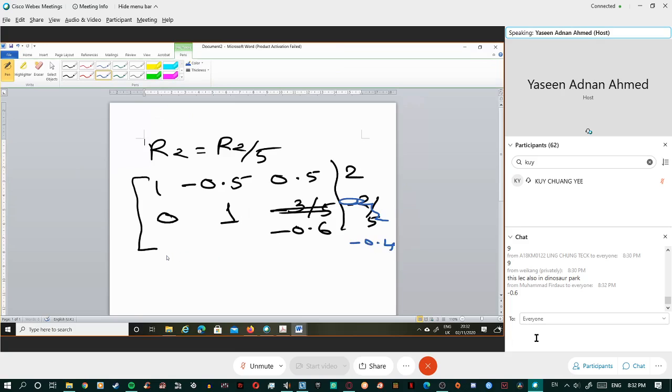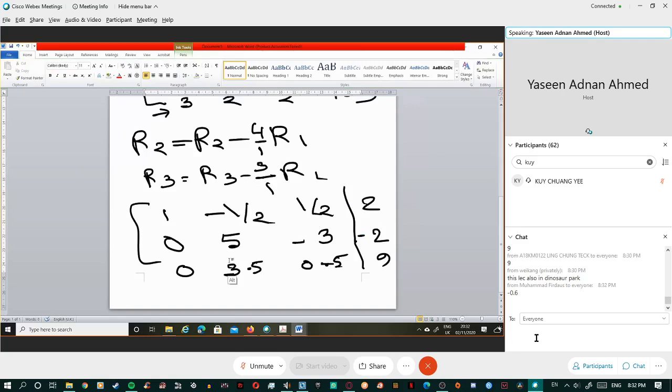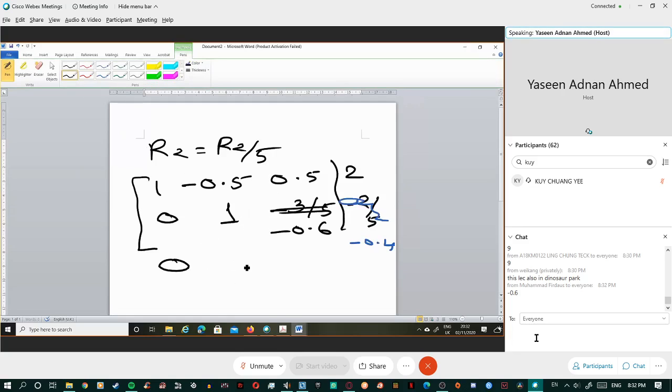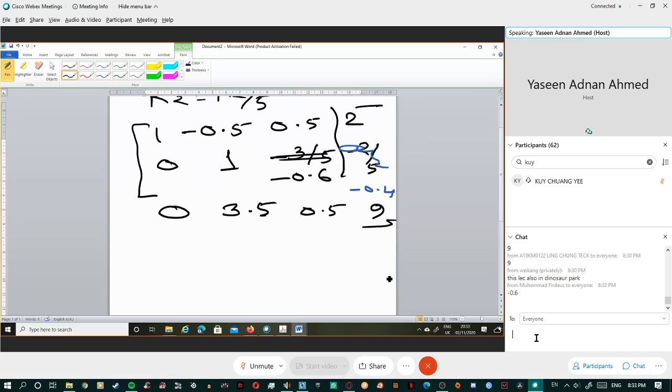And the next one, you just need to write as it is. So it should be 0, 3.5, and then 0.5 and 9. Just make the matrix closed. Next, you have 1 here, so you have to make this one and this one 0 with respect to this.